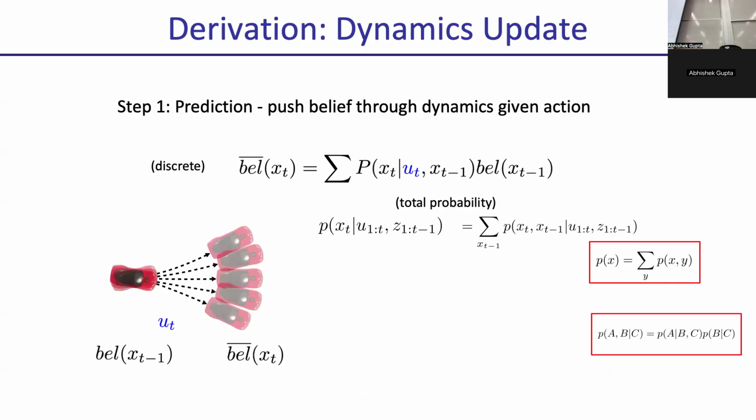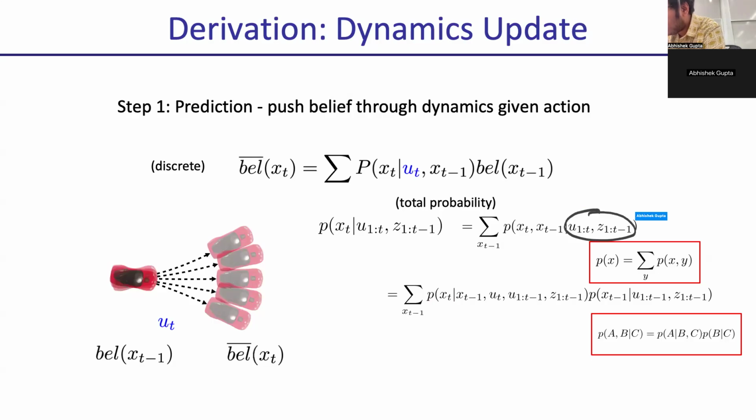So again, you're going to use the property: P of A comma B given C is P of A given B comma C times P of B given C. This is the same thing we did last class. There's no magic here. We're going to separate the xt and xt minus 1 terms. The thing that gets a little confusing here is too many indexing variables, so forget about the indexing variables for a second.